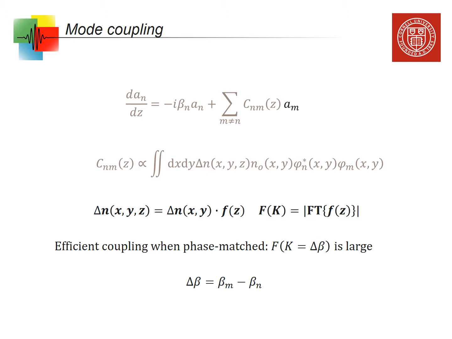And this is, in fact, precisely how the long period Bragg grating works. So the take-home, really, here is that the overlap between the different modes of the perturbation is going to control their coupling, but so also is the longitudinal changes in that perturbation.